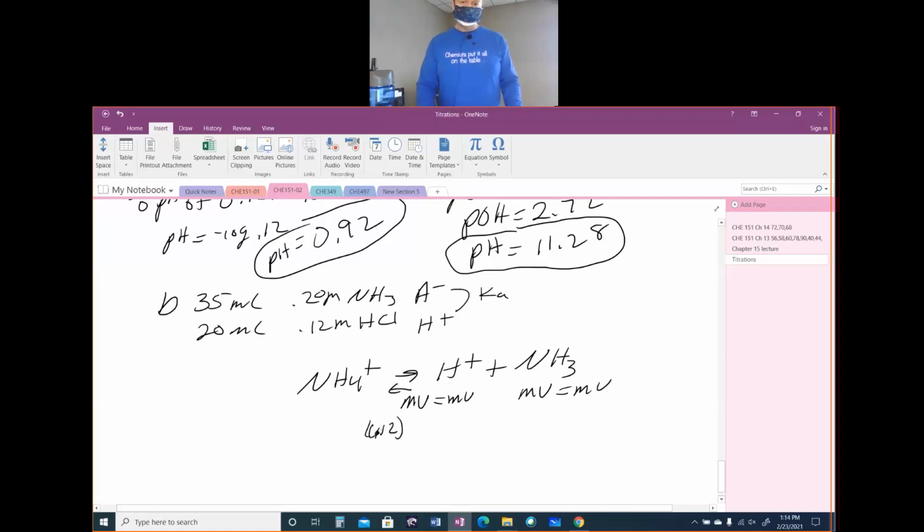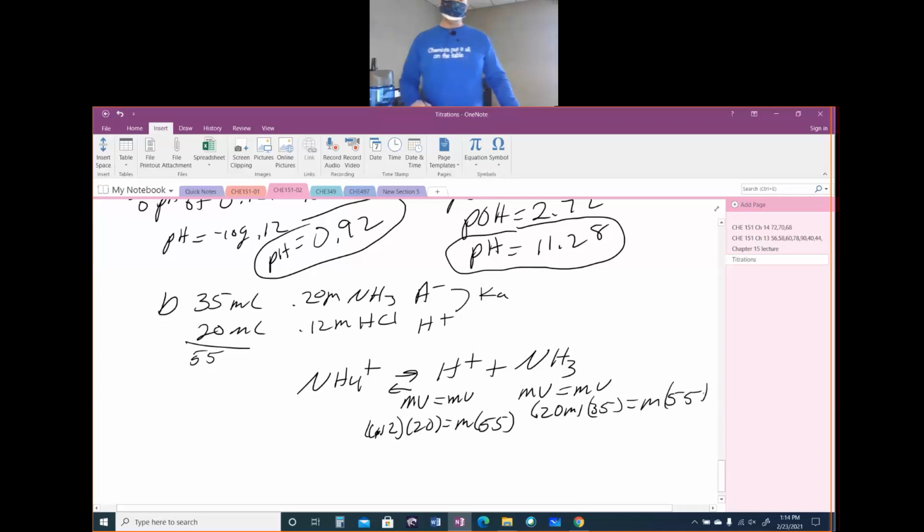All right, 0.12 molar. You added 20 mils. What is the molarity now that the volume is 55? We add them together. The total is 55. We had a 0.2 molar at a volume of 35. What is the molarity now that the volume is 55? All right, so you just divide both of those by 55.